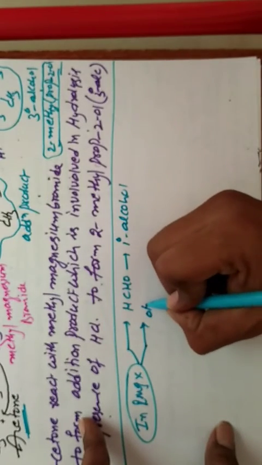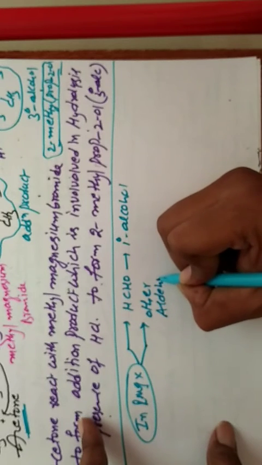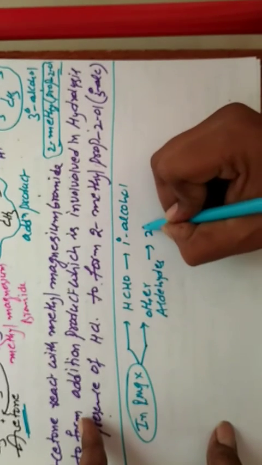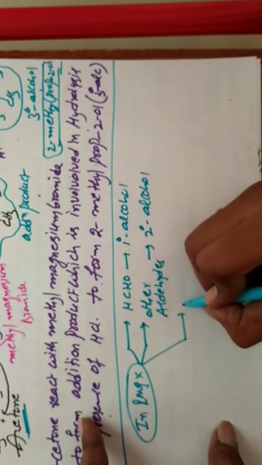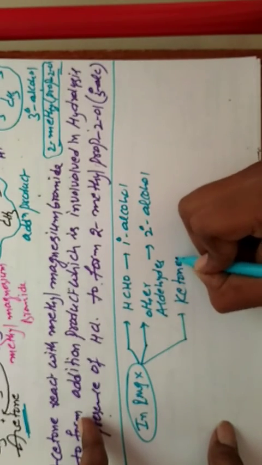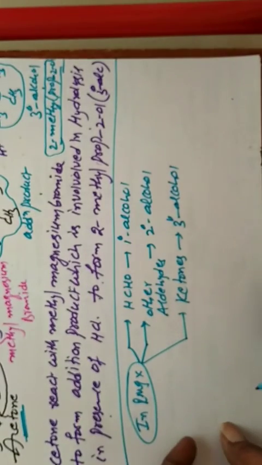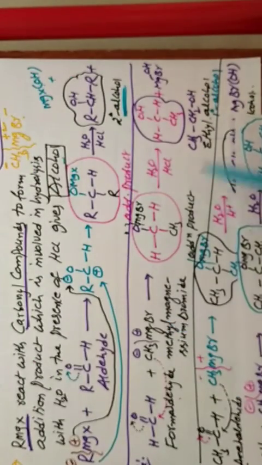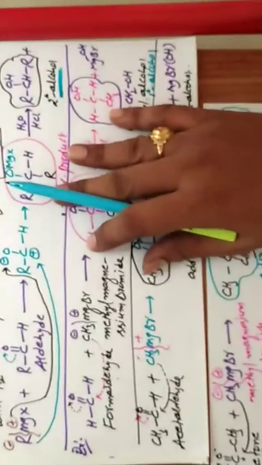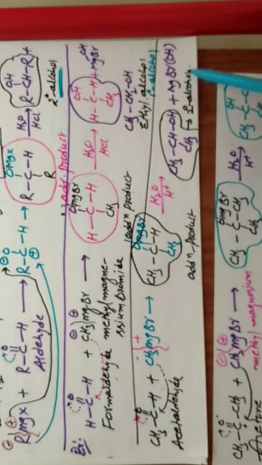Next, other aldehydes give secondary alcohol. So ketones, all types of ketones, give tertiary alcohol. Okay, so with formaldehyde and RMgX, we can get primary alcohol. If we take any other aldehyde, acetaldehyde, propanaldehyde, butyraldehyde, we can get secondary alcohol, isopropyl alcohol.